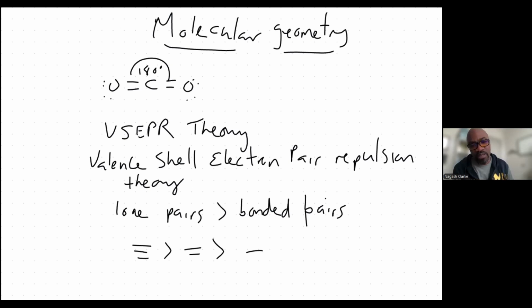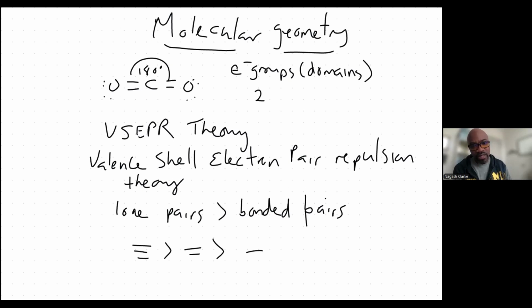A couple of things we want to look at with carbon dioxide. Electron groups, sometimes they're called domains. There are two, because every double bond, every single bond, every lone pair, every triple bond is considered a group. So we have two groups.